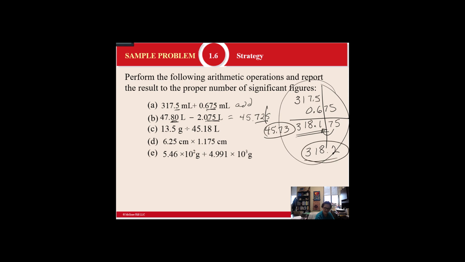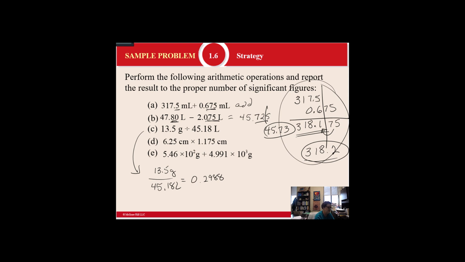When we divide, we're going to use the actual significant figures. 13.5 grams divided by 45.18 liters is going to give me 0.2988. All right. In division and multiplication, it's how many.